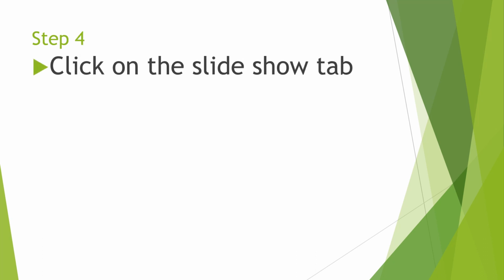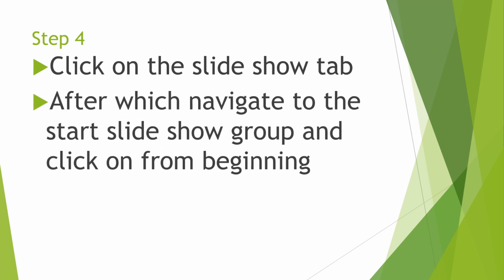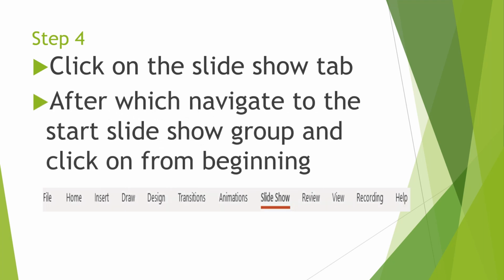Step number 4 is that you now click on the slideshow tab. I'm going to give you a snapshot of the same so that you can know what a tab is in MS Office PowerPoint presentation. So this is the snapshot of the MS Office PowerPoint presentation, and the whole of this is what we call the tabs.